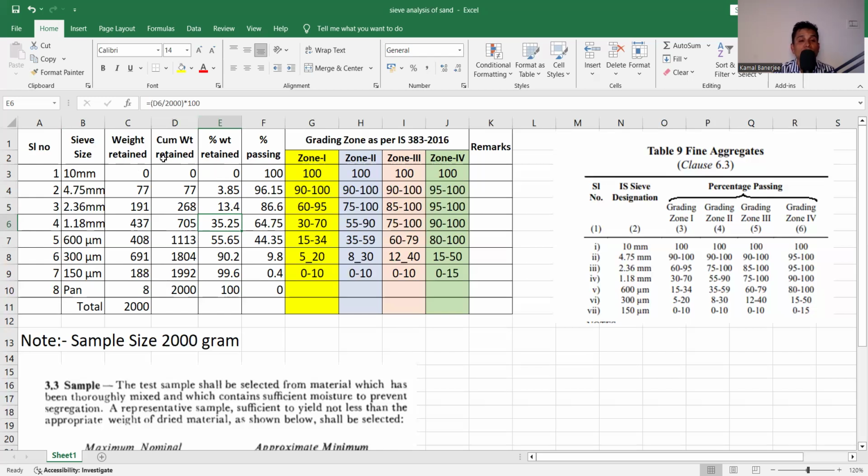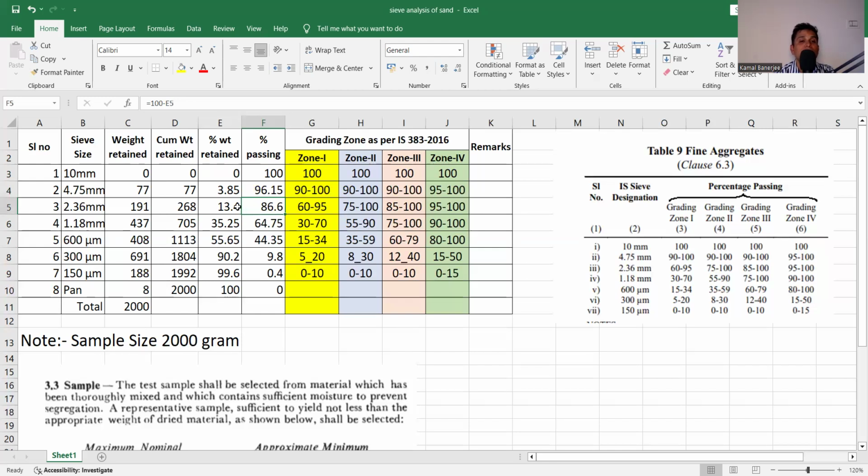So now what did we calculate? Weight return in individual sieves, cumulative weight return, cumulative percentage of weight return in individual sieves. Now what will be the passing? If 0 is the return, then 100 minus 0 is equal to 100. Here 3.85 is the cumulative weight return. So what will be the passing? 100 minus 3.85, that is 96.15.